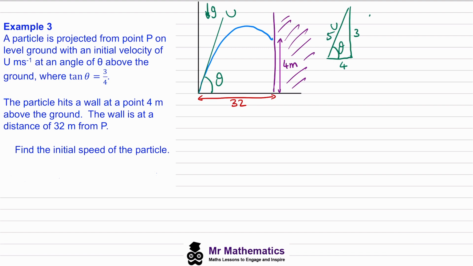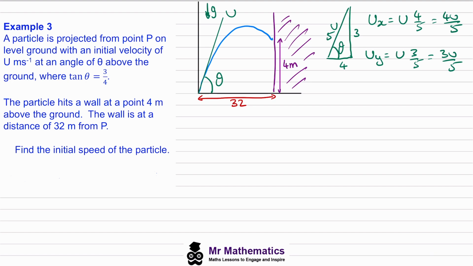We can work out the horizontal component of the initial velocity as the hypotenuse, u, multiplied by cos theta, so 4/5. So this will be 4u/5. The vertical component, uy, will be u multiplied by sine theta, so the opposite divided by the hypotenuse, 3/5. So this is 3u/5.